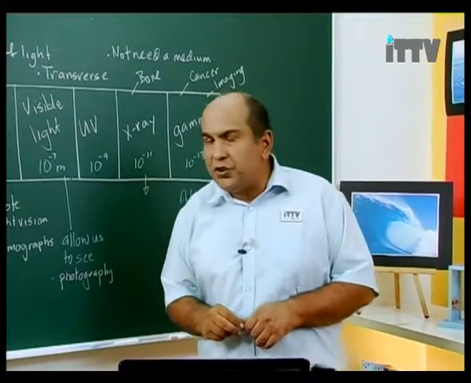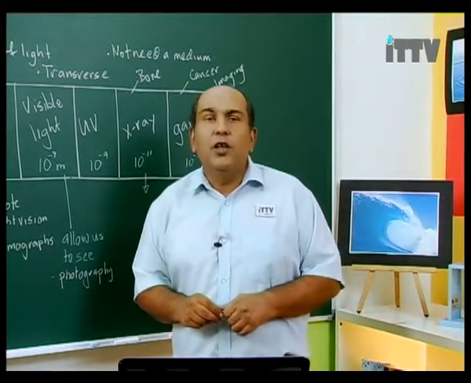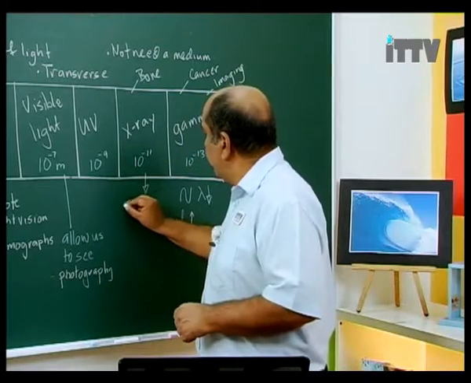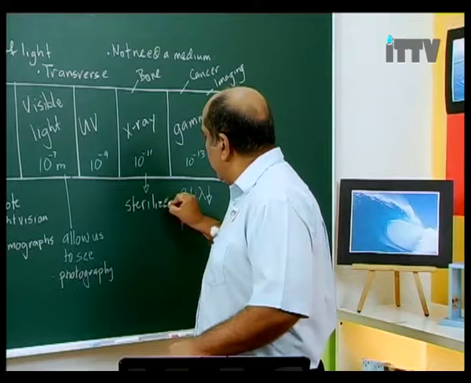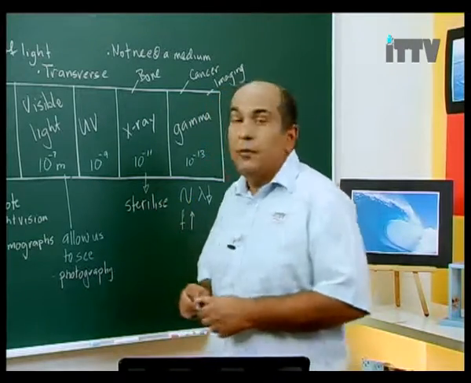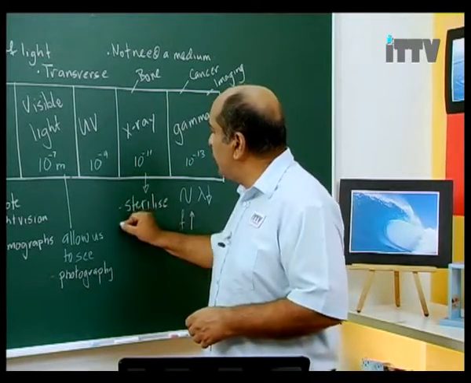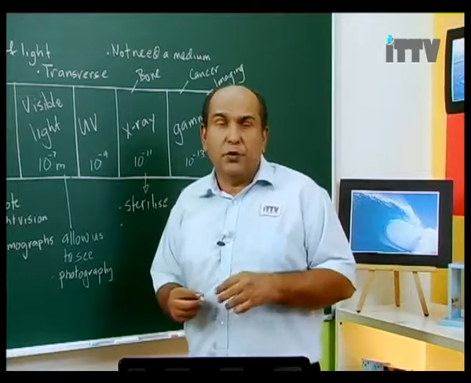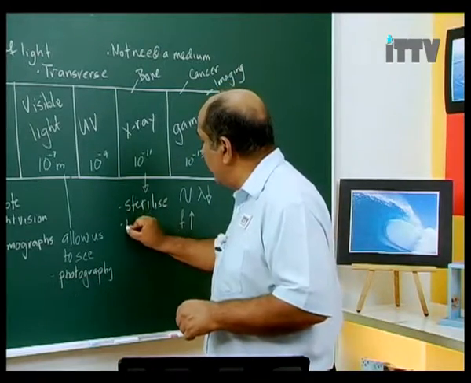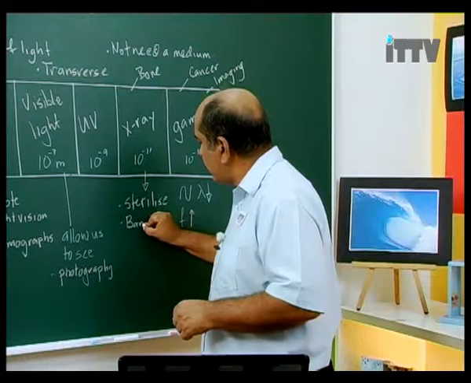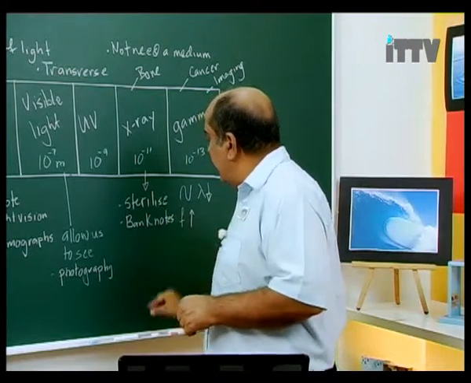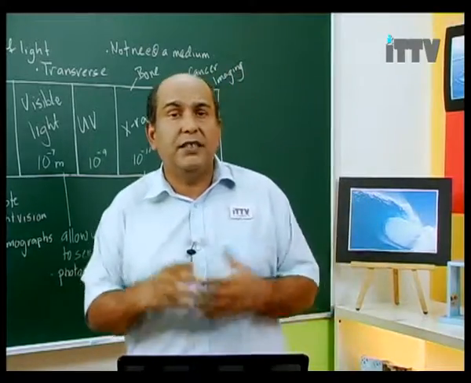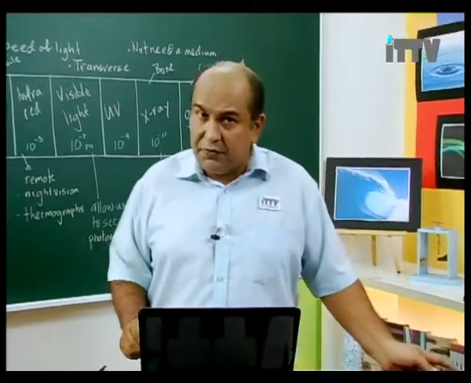We don't have much use for it, although we do use it for sterilizing, because it kills bacteria, and we use it for testing banknotes. This way we can check to see if a banknote is a real note or a counterfeit note.